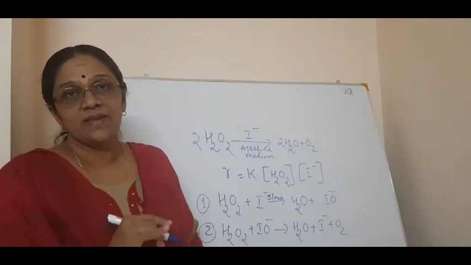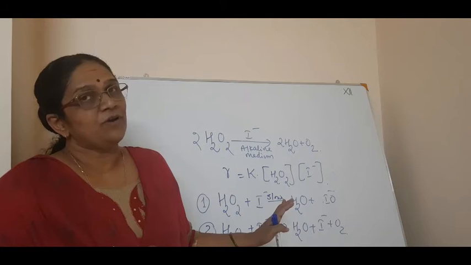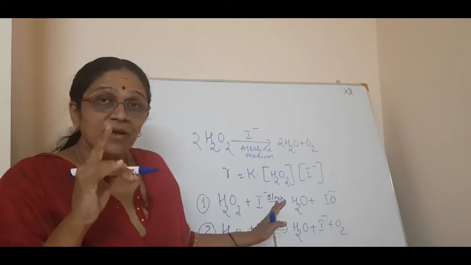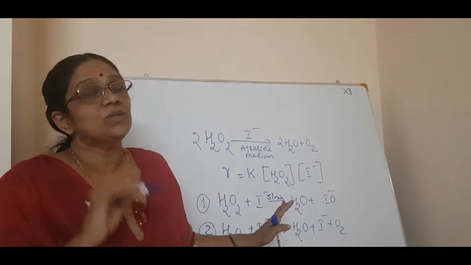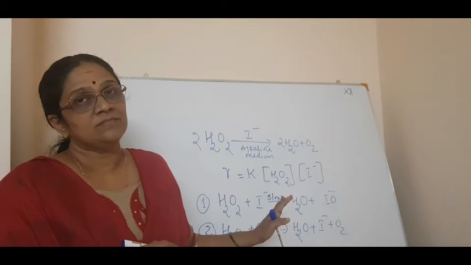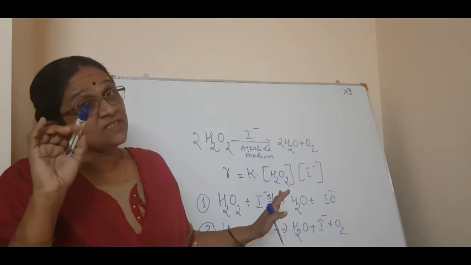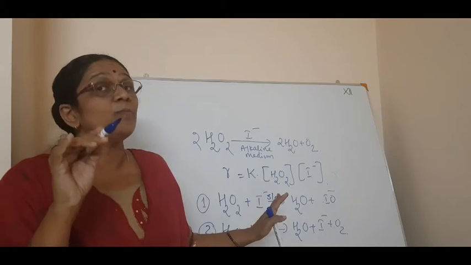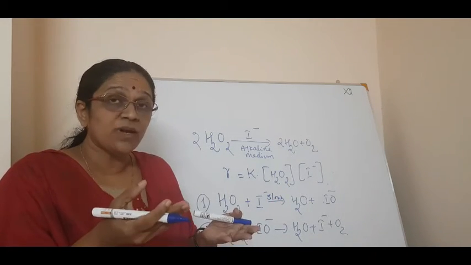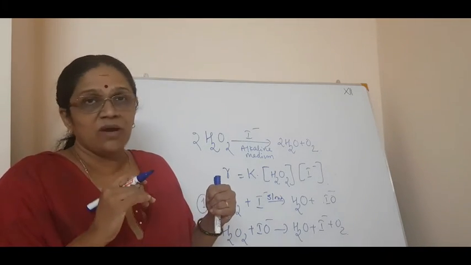Now I will say one thing. In an elementary reaction, listen carefully, the power will be equal to the stoichiometric coefficient. Got it? In the first session we said it may or may not be the stoichiometric coefficient. If it is, then we told it must be a coincidence, isn't it? Experimentally, you have got that.